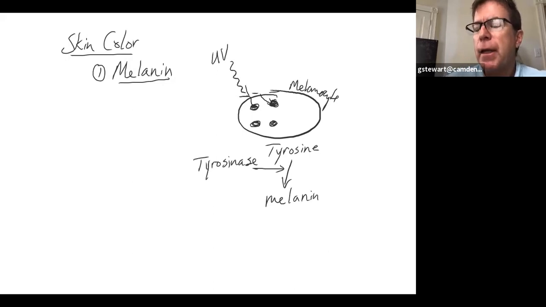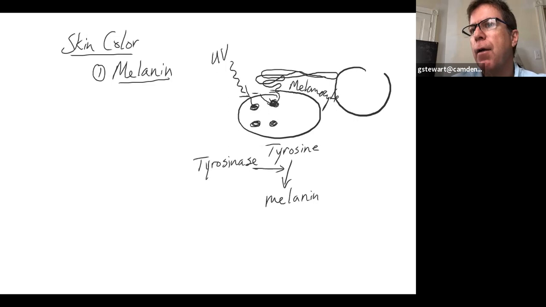And then that melanin, as you know, is this sort of fluid substance that secretes out of the cell, blankets the area, and here's a keratinocyte nearby. It also secretes into that keratinocyte and helps protect and blanket that cell's nucleus as well.